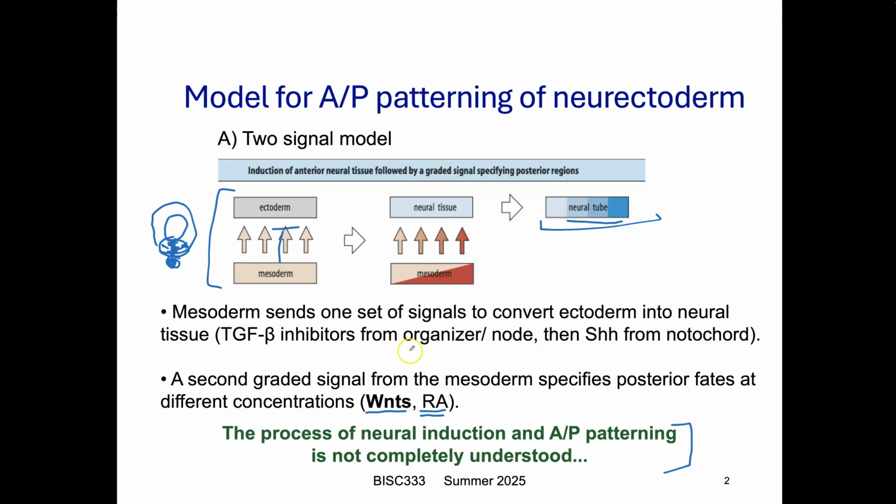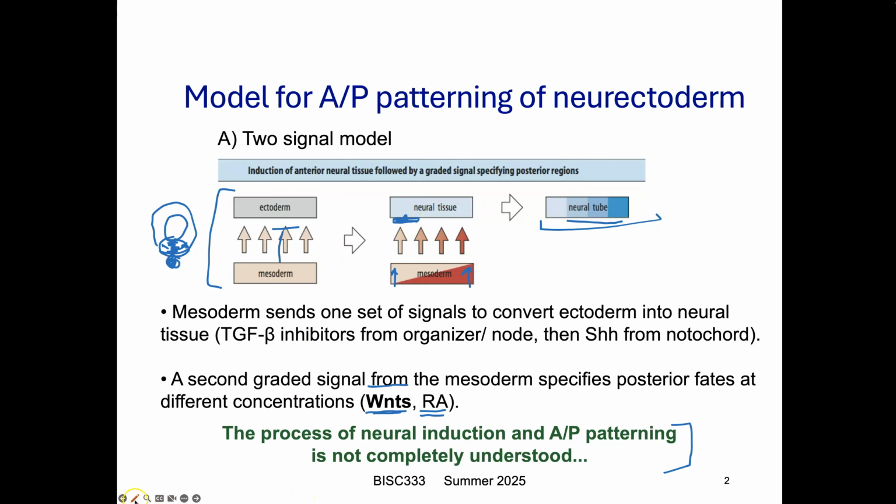It's thought that there is a Wnt signal, a graded signal from the mesoderm, with the strongest signal in the posterior and the weakest in the anterior. We've already met Wnt signaling and shown how it gives this posterior to anterior mesoderm fate. And we've seen, or will see, that the mesoderm below the ectoderm can signal for different fates, anterior versus posterior.